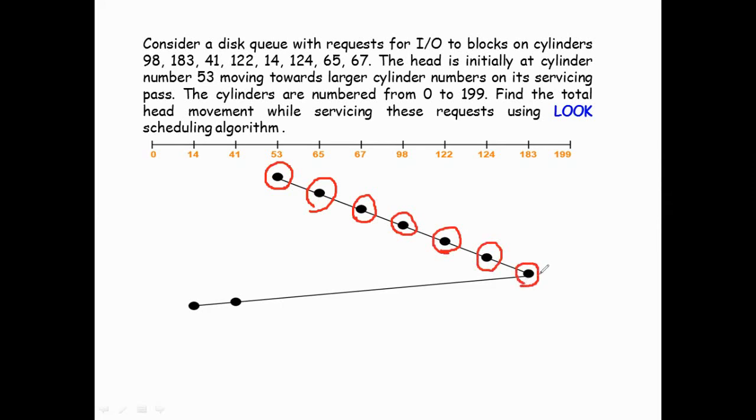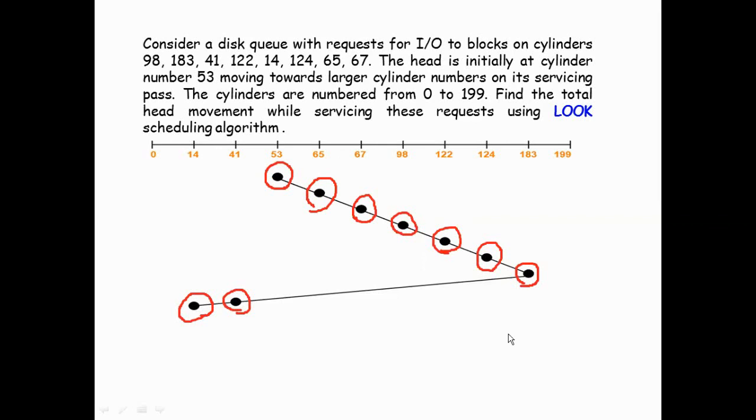Now, in the CLOOK algorithm, without reaching the other end, which is 199, the disk arm reverses its direction. While reversing its direction, it services the requests 41 and 14. This is how the CLOOK scheduling algorithm works.